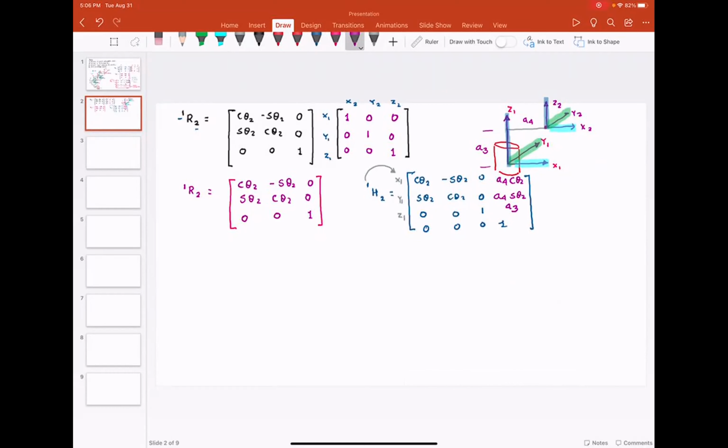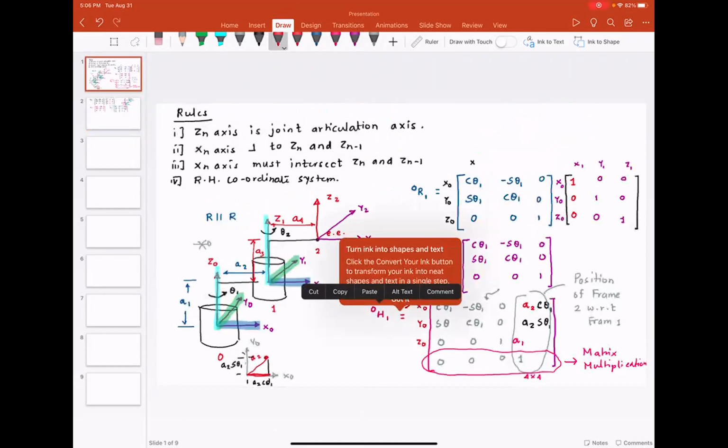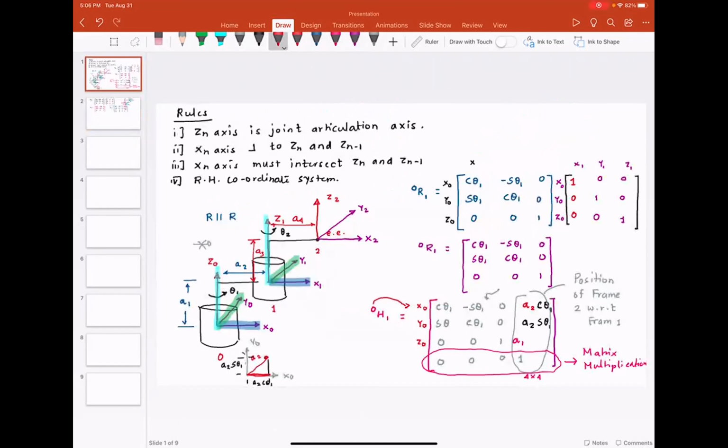What I mean by that? What it means is my homogeneous transformation. So I want to find out the position of the end effector with respect to the base frame. So I want to find out where this end effector is, with respect to the base frame.